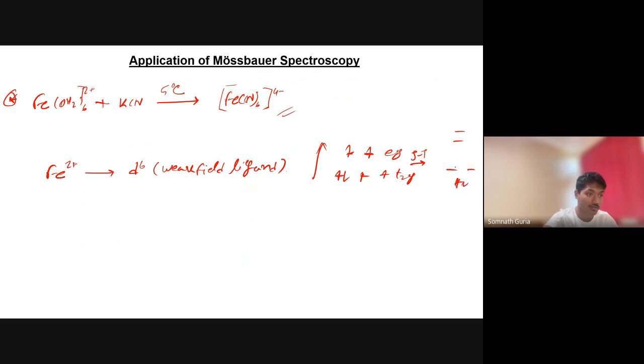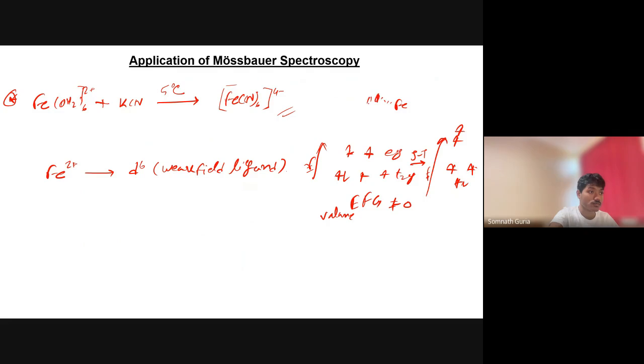This will be filled up, and this is the energy and this is the energy. So we have an asymmetric electron distribution, so we have a valence contribution over here. So EFG valence is non-zero. Now if Jahn-Teller distortion is there, we have an iron over here.